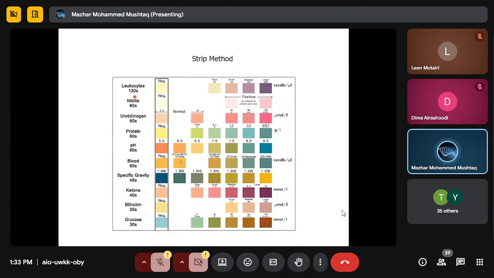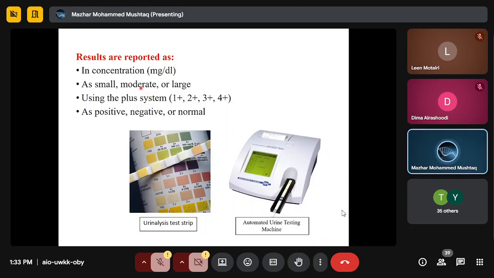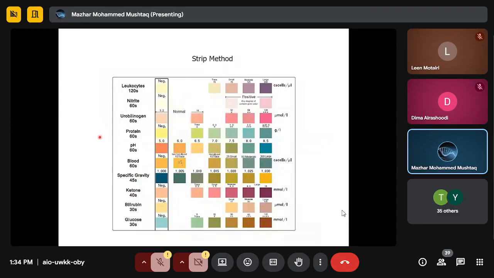These are the abnormal constituents that can be seen in one strip test. You do not have to memorize the color, of course, neither any concentration. But what you need to memorize is this one: how do we report it in concentration? Small, moderate, large. So these are the four types of reporting that can be done by using this strip method. Okay.